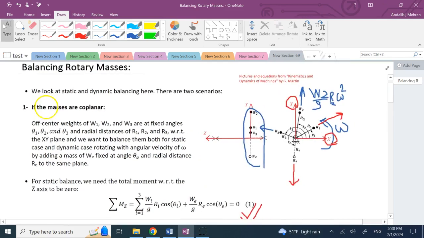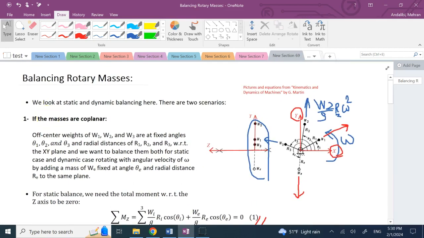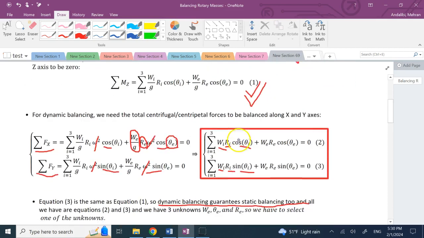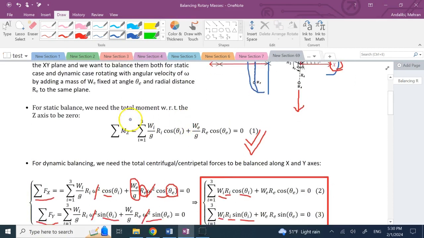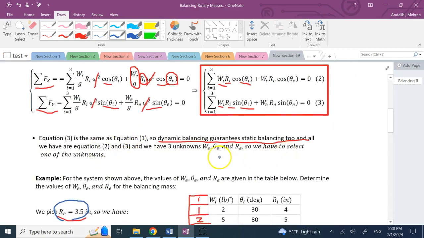Okay, so this is the scenario where you have all objects, all masses, all rotary objects on the same plane, in this case on the xy plane. Three parameters to choose, but you have two equations, so typically you pick one of them, and most of the time you might want to go for RE.